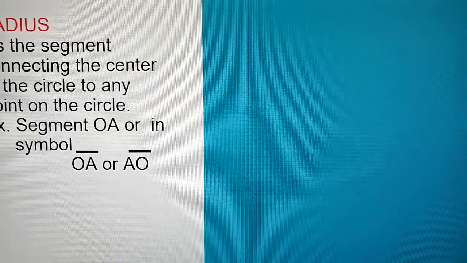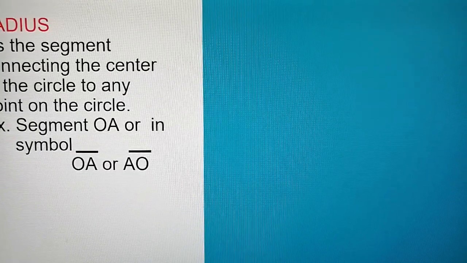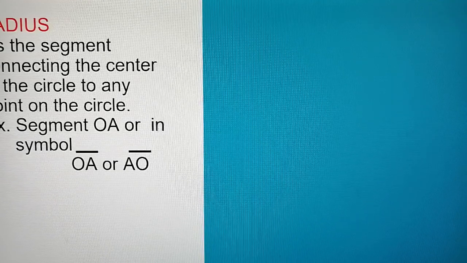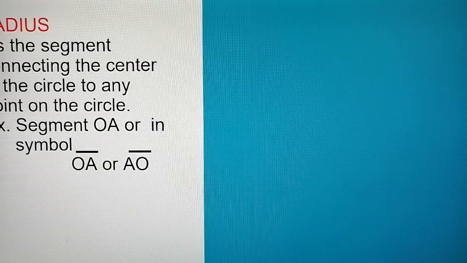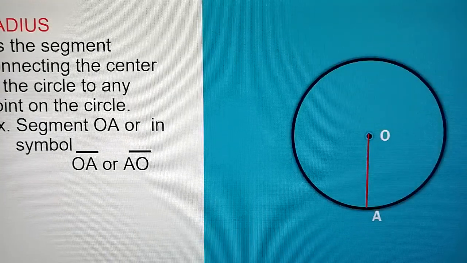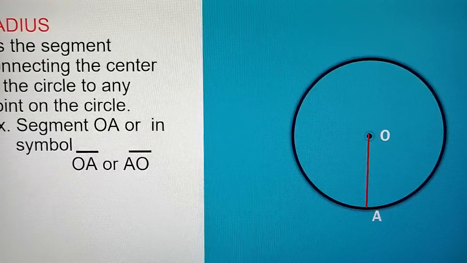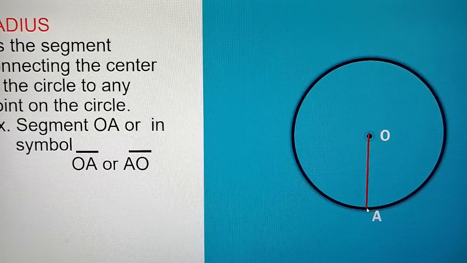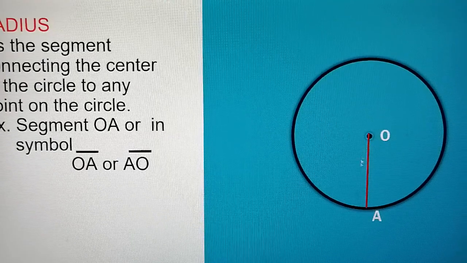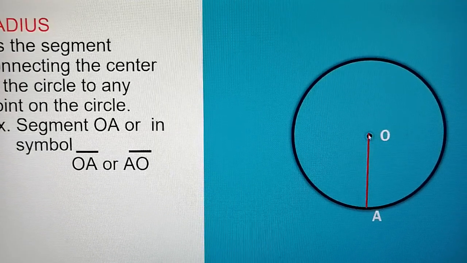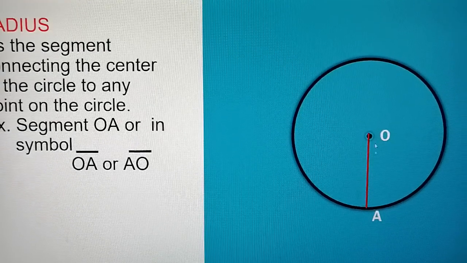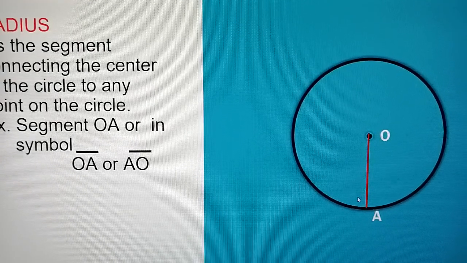Okay, now what about radius? So radius refers to the segment connecting the center of the circle to any point on the circle. For instance, we have here point O, which is the center of the circle, and a point A on the circle. So this line segment connecting the center and point A is what we refer to as the radius.